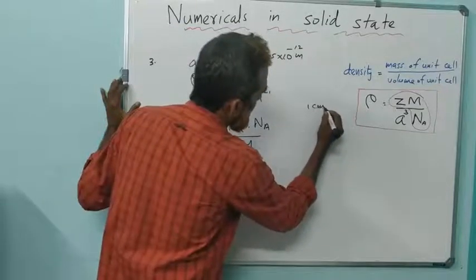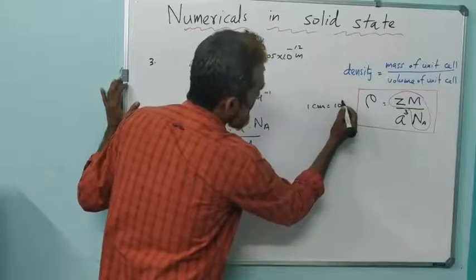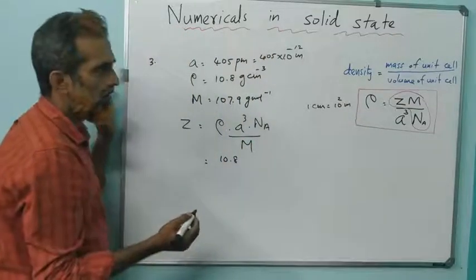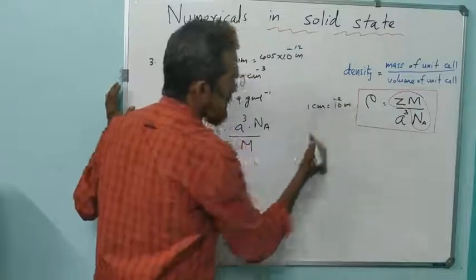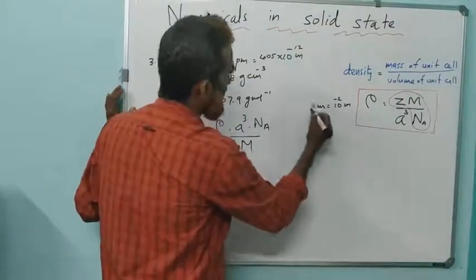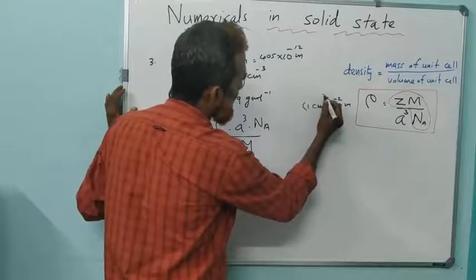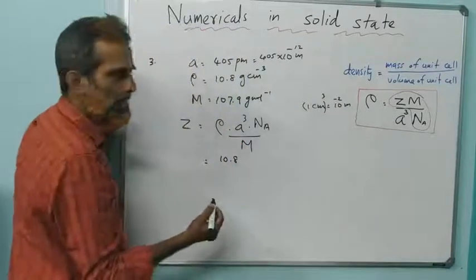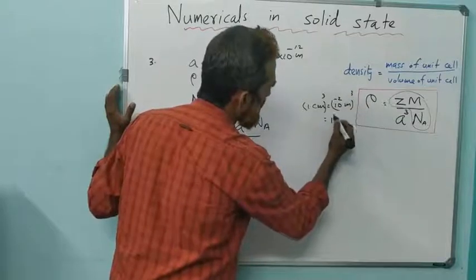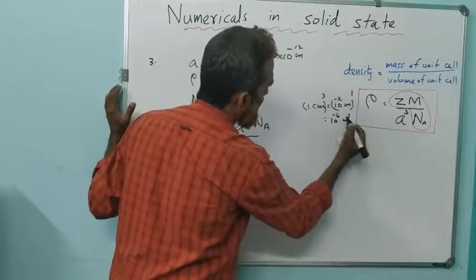1 centimeter is equal to 10 raised to minus 2 meter, isn't it? Centi is 10 raised to minus 2. So taking the cube both sides, 1 centimeter cube becomes 10 raised to minus 6 meter cube.